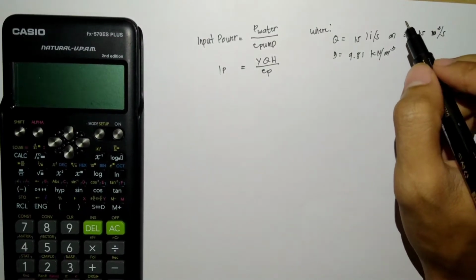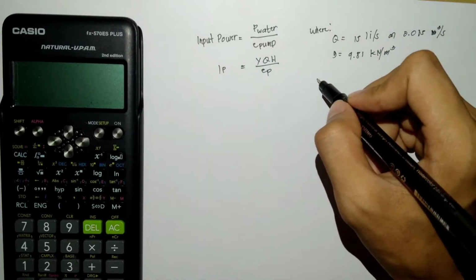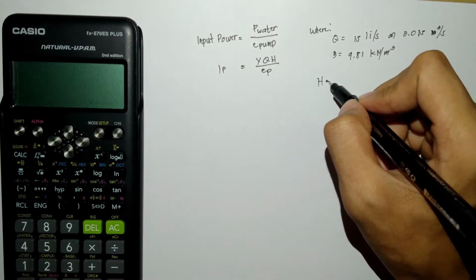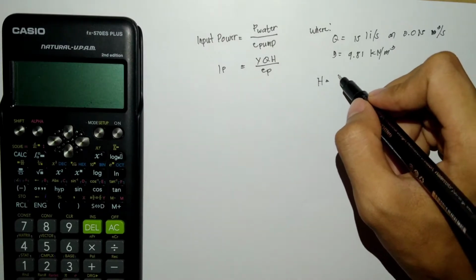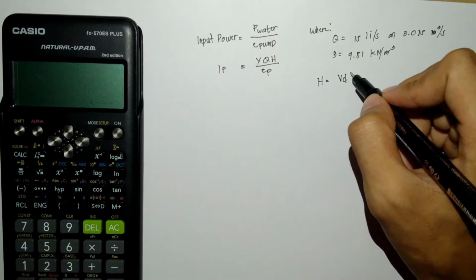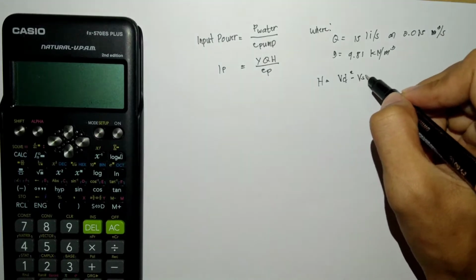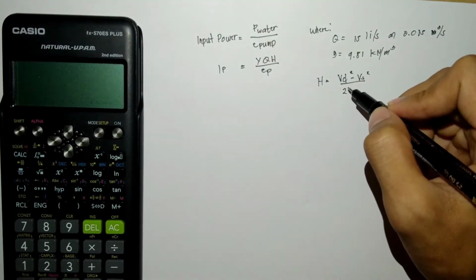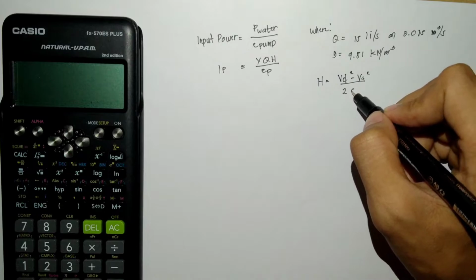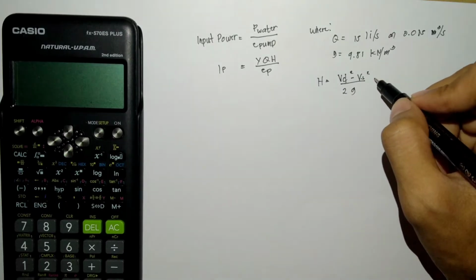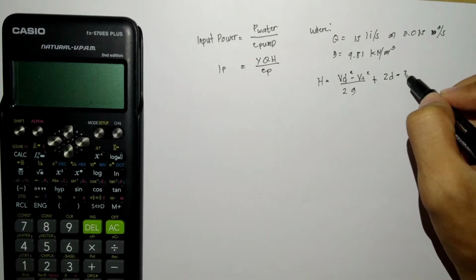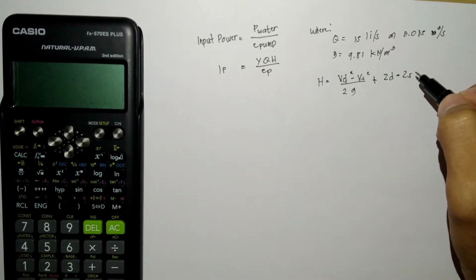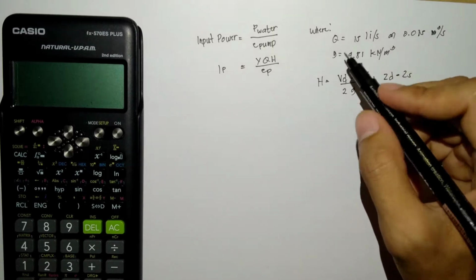So to find the total head, we have the formula: total head is equal to the velocity at discharge squared minus the velocity at suction squared over 2 times g, or acceleration due to gravity, plus the static head. So first find the velocity.